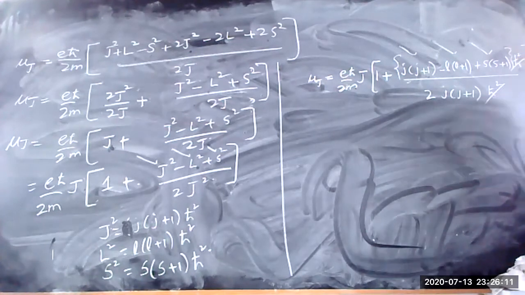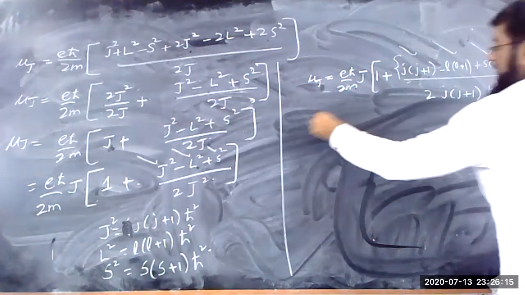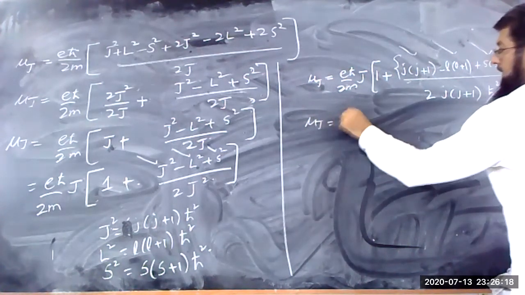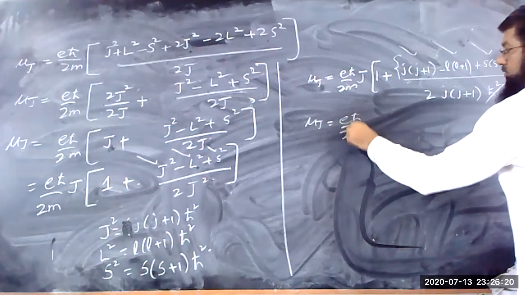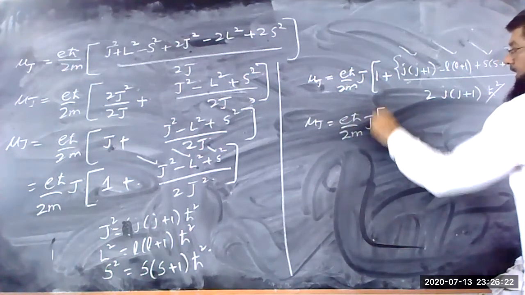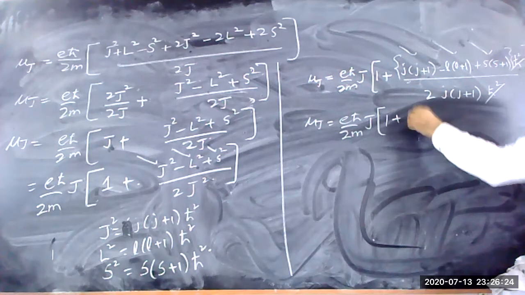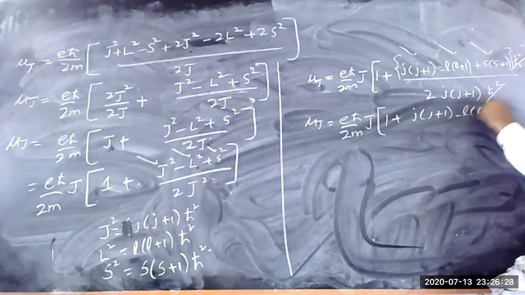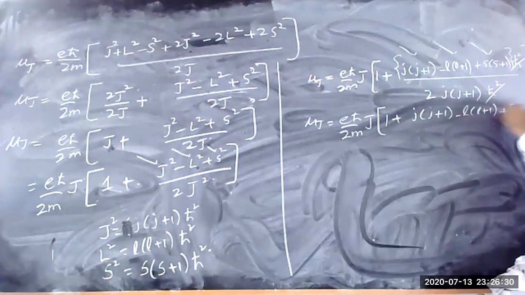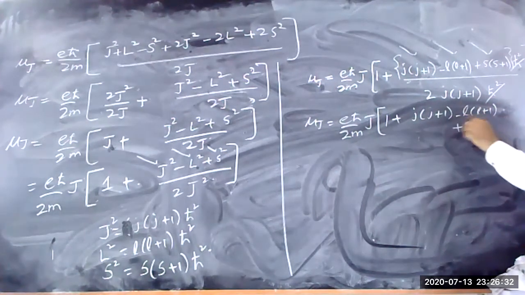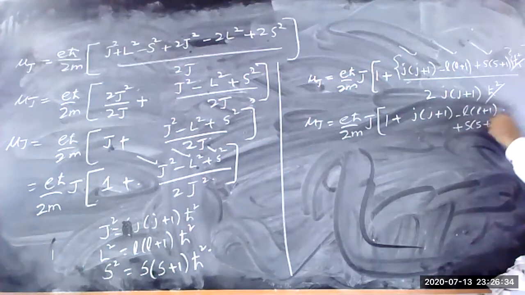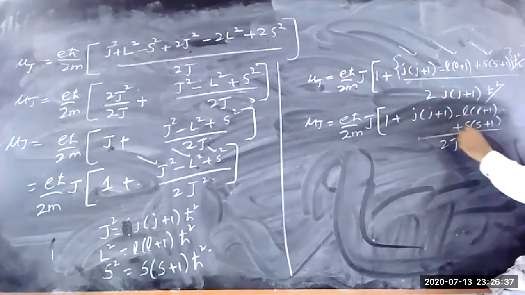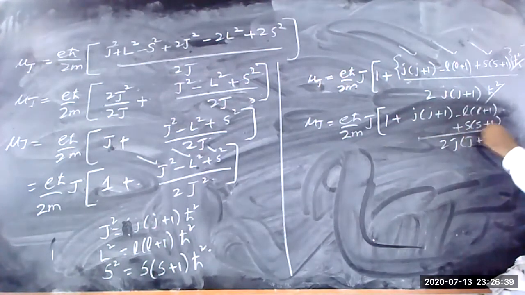This cancels out. So mu of J is equal to e h cut over 2m J times 1 plus J into J plus 1 minus L into L plus 1 plus S into S plus 1 upon 2J into J plus 1.